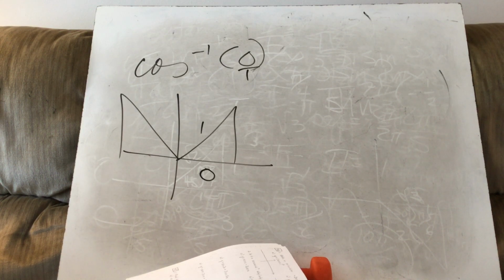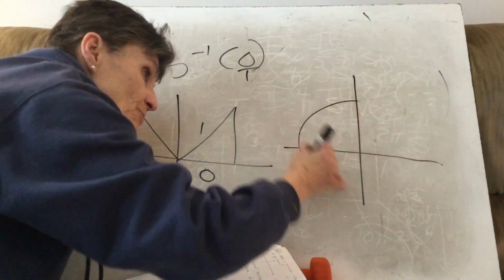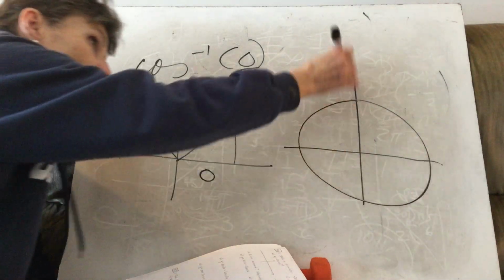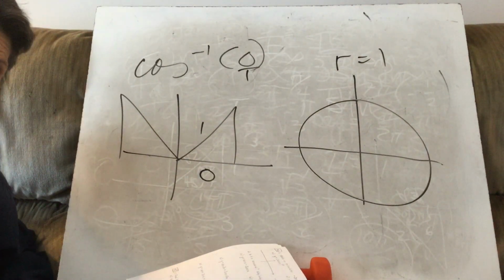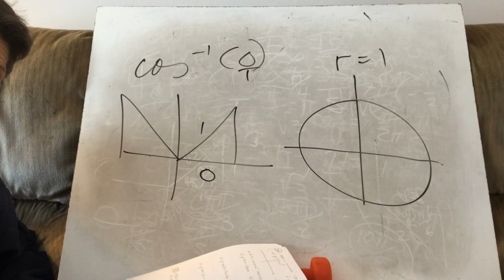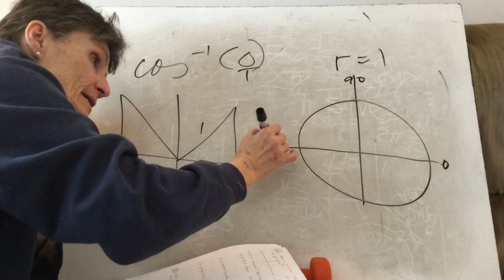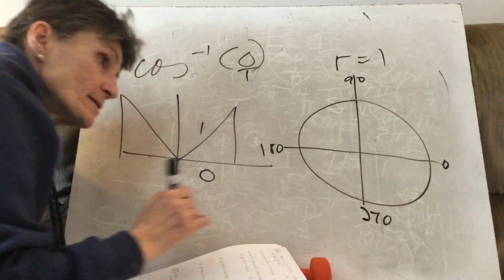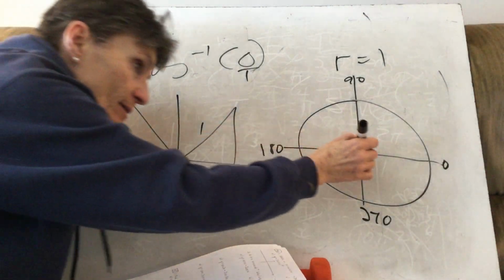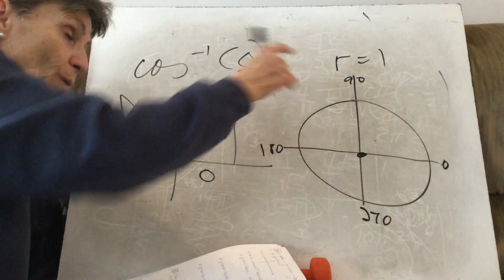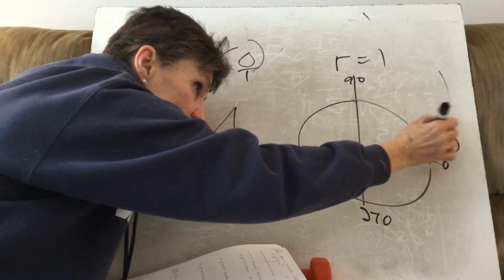Draw a circle. I heard somebody say draw a circle. And the circle I draw has a radius of 1. It's called my unit circle. And this is 0 and 90 and 180 and 270, just like always. But if the radius is 1, I'm going to start at the origin and go 1 this way, which makes this point 1, 0.